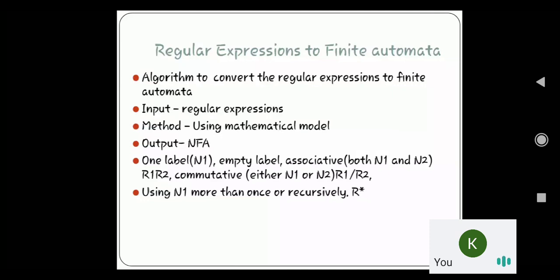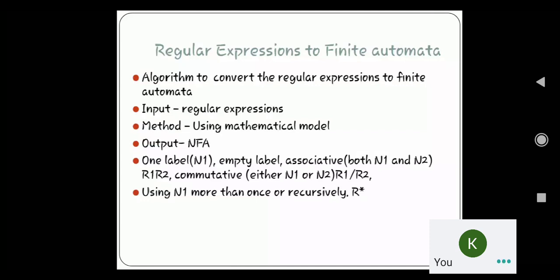The next one is commutative, meaning either or: either you use NFA1 or you use NFA2, so you have two possibilities. And the last, we use N1 alone, NFA1 alone, but within that NFA itself we implement the concept of recursion. So we have 5 important steps in this algorithm.